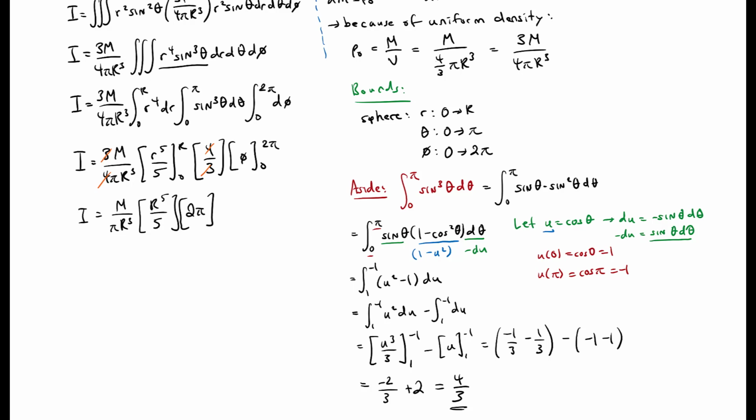So anything else to cancel, we have the pi, and we have the r cubed, which turns this into r squared. So I is equal to 2 over 5 mr squared as the total moment of inertia of a sphere.